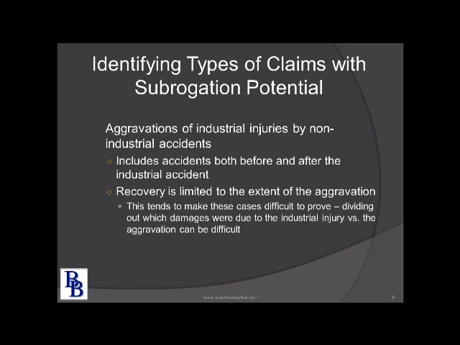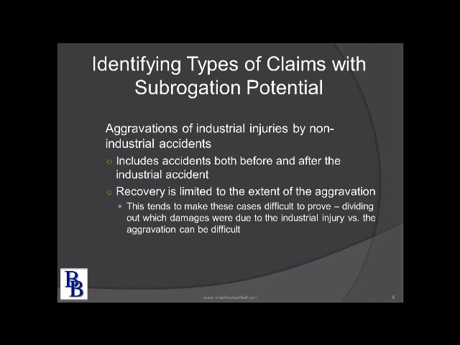Another area that you can pursue subrogation in is what's called an aggravation. The situation here arises most commonly where you've got an individual who's been injured in an industrial injury, and let's say he's driving off to a medical appointment. And while he's on the way to that medical appointment, he's involved in an accident. Now, the auto accident that he's involved in while he's going to the medical appointment is itself a non-industrial accident.